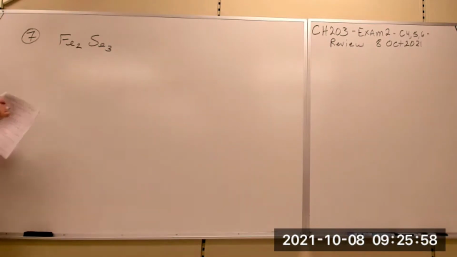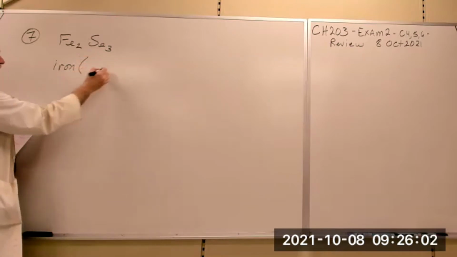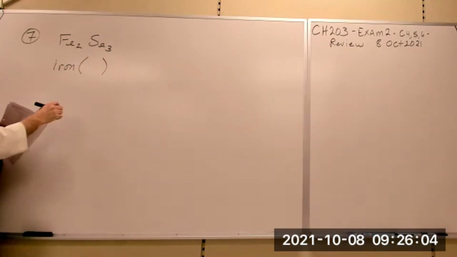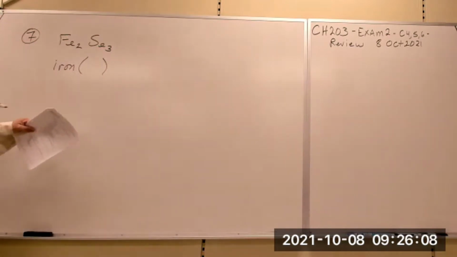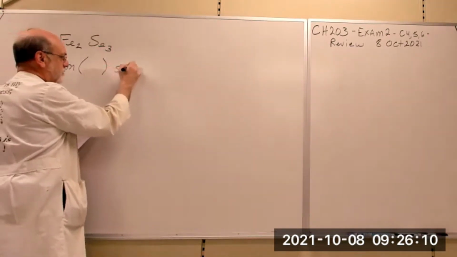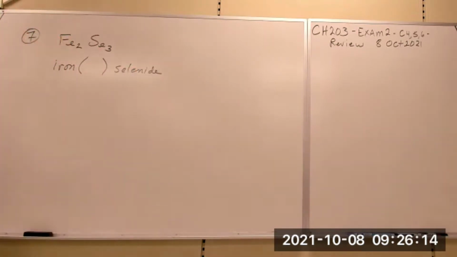And that means that when you write the iron, you have to say what charge it is. And then we end this one with IDE, right? That is where you put the number in the parentheses. Yeah. So now we have to find out what charge it is. So we need to look at our charge balance.